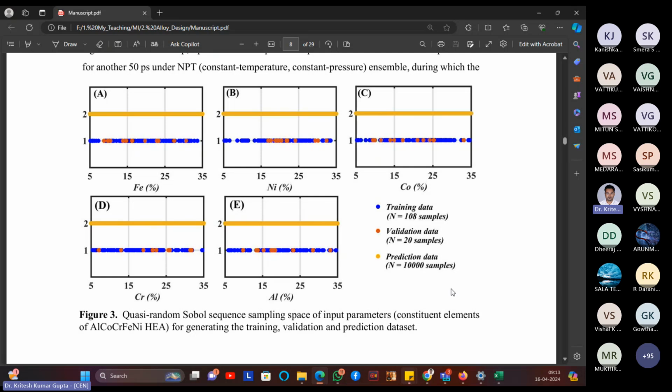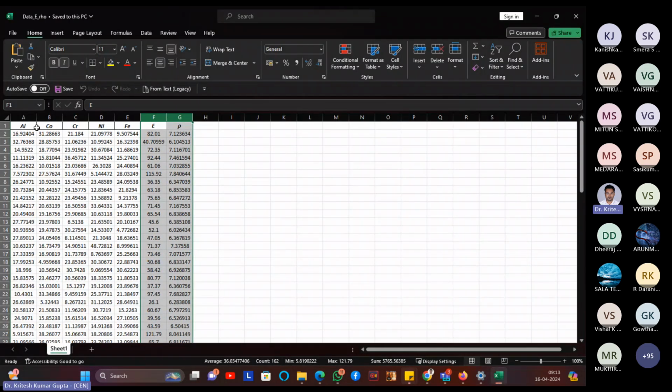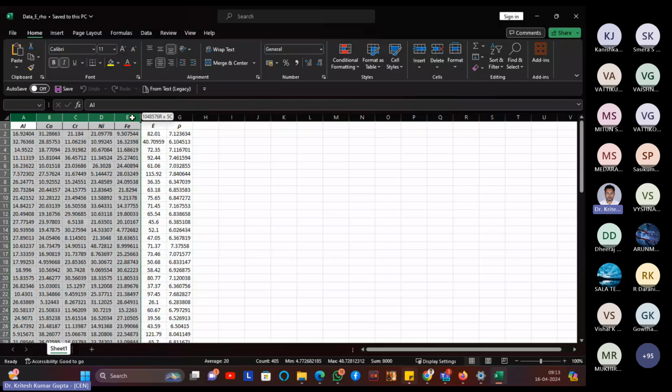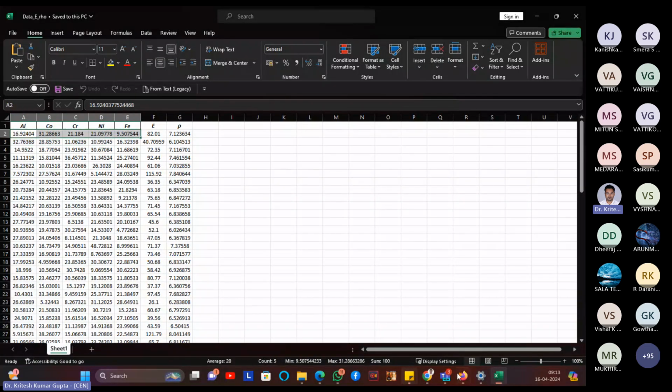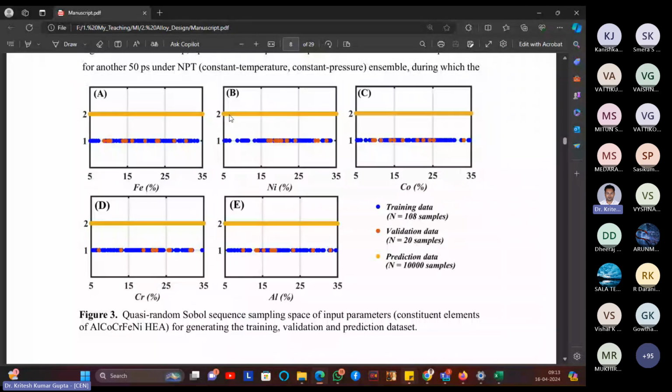If we club all this together, we will get this kind of sample space, which will be 10,000 samples in total. But the constraint has to remain the same: each individual feature is varying between 5 to 35%, and at the same time, the summation of all the features must be 100 for one instance. This constraint has to be followed for this prediction data as well.